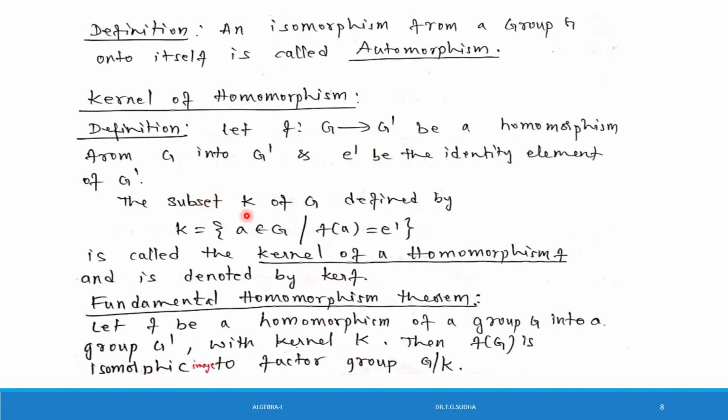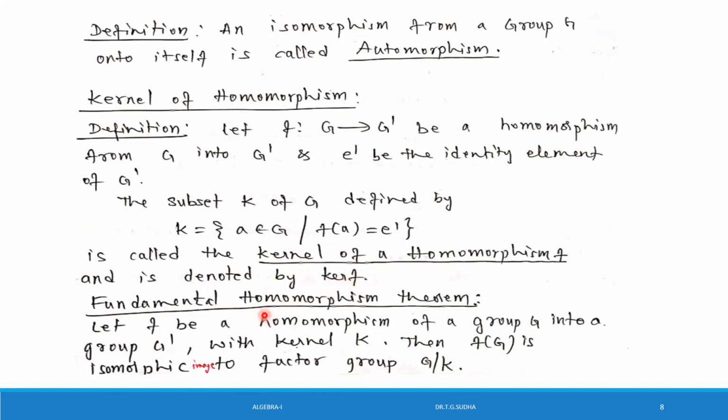The subgroup K of G, defined as K = {a belonging to G such that f(a) = e'}, that is, the set of all elements of G which are mapped onto the identity element of the codomain G', such elements belong to the kernel, and it is denoted by the letter K. This is known as the kernel of homomorphism f, and it is denoted by ker f.